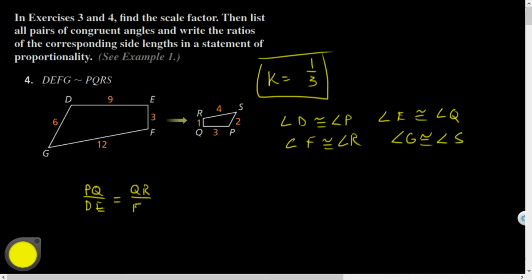QR to EF is equal to RS over FG is equal to last first over last first. This is where I can find the last one. So SP over GD.